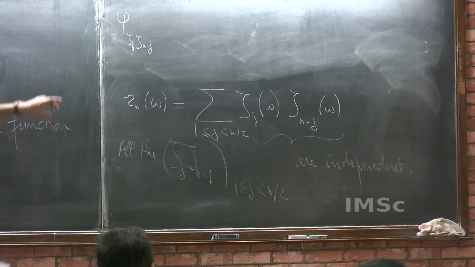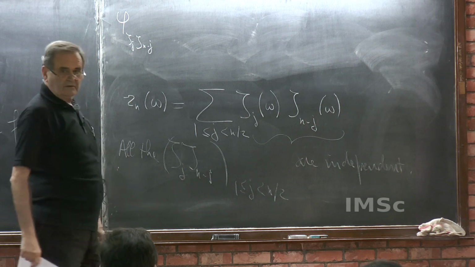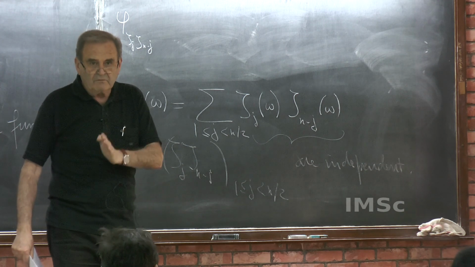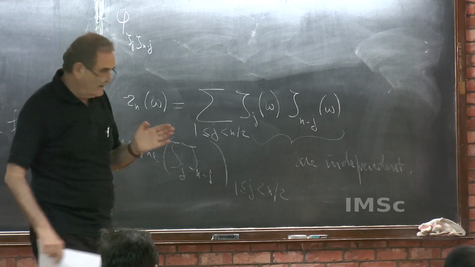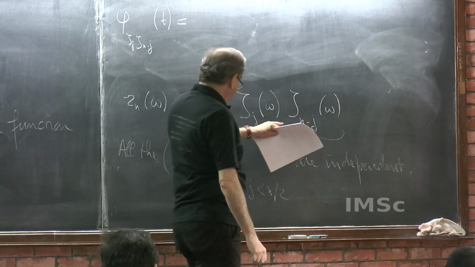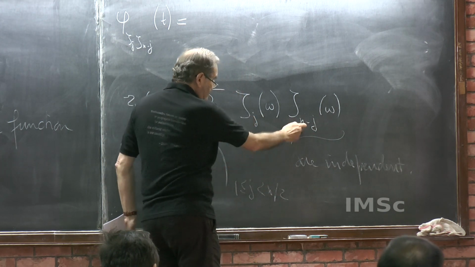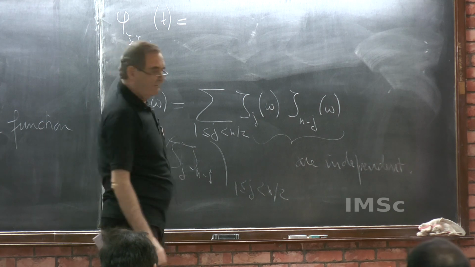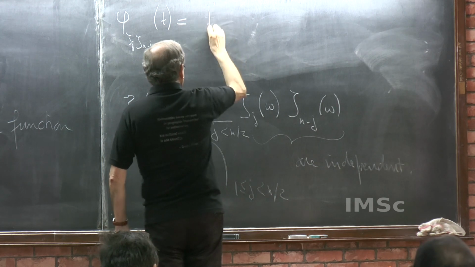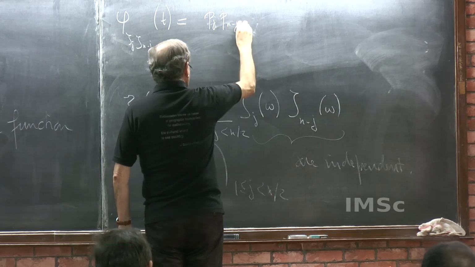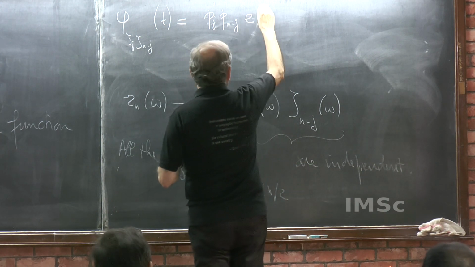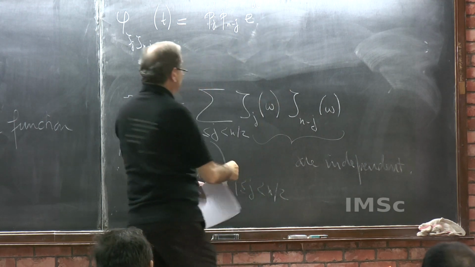Now, we know that those random variables are independent. So we know exactly with which probability it takes the value 1. It takes only two values, the value 1 and the value 0. So it takes the value 1 with the probability pj pn minus j. So you will get pj pn minus j times e to the it times 1.